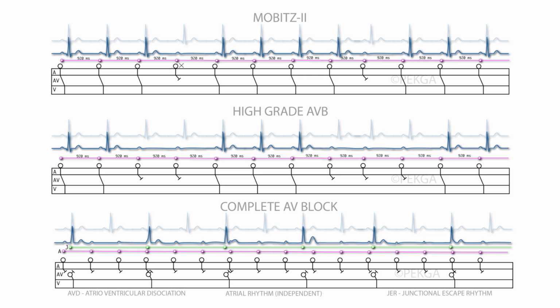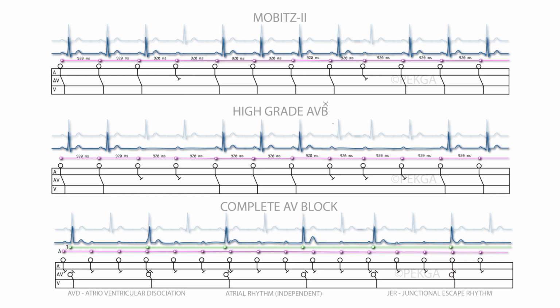During Mobitz-II, you would get a sudden stop. So the signal would start in the SA node, it would propagate to the atrium, but it wouldn't go beyond whatever's below the AV node. Let's say the AV node, that's where it stops. And you would get an occasional dropped beat.